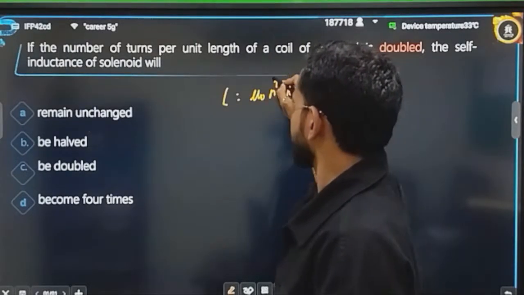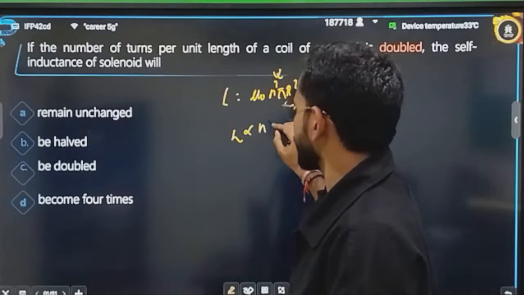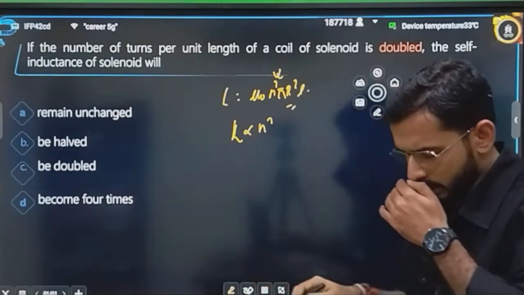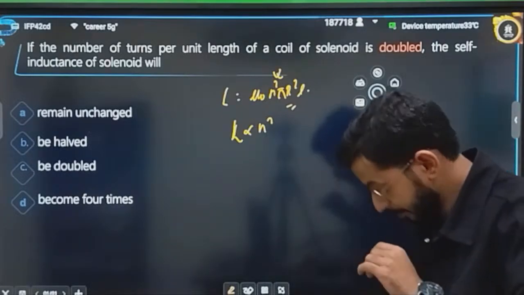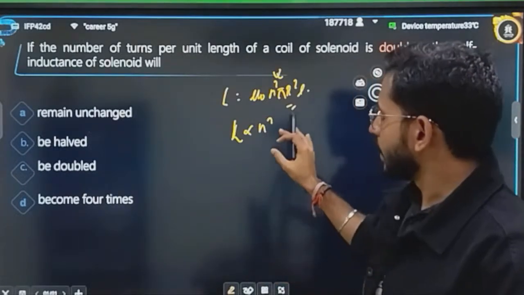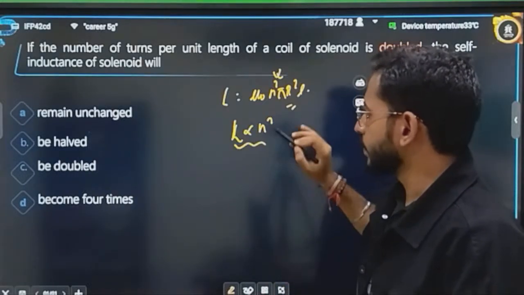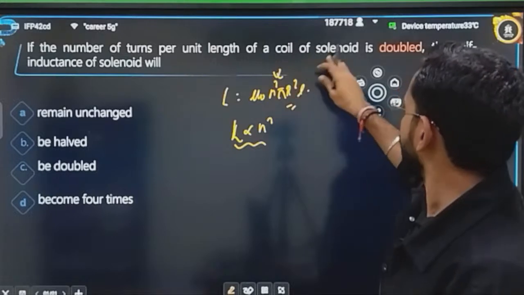So if I am talking only about the variation of number of turns per unit length, I can simply say L is directly proportional to n square.